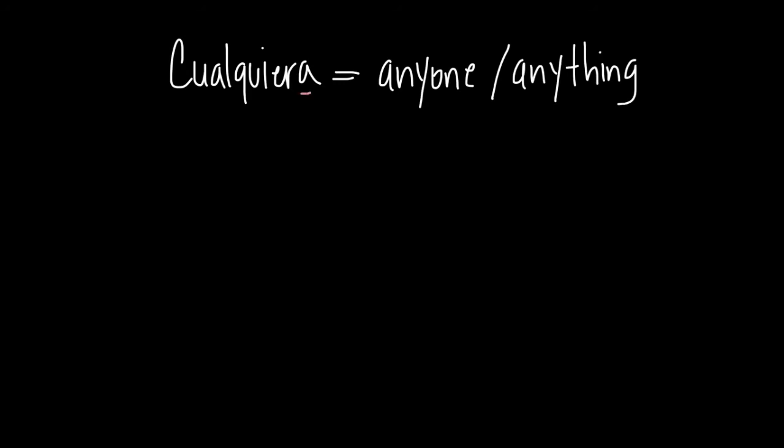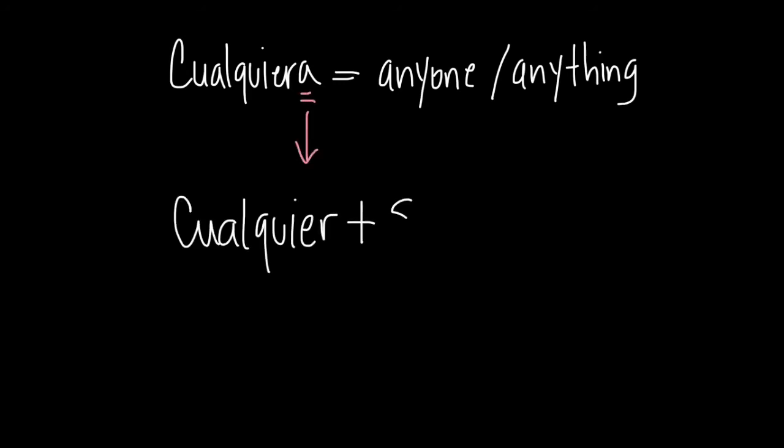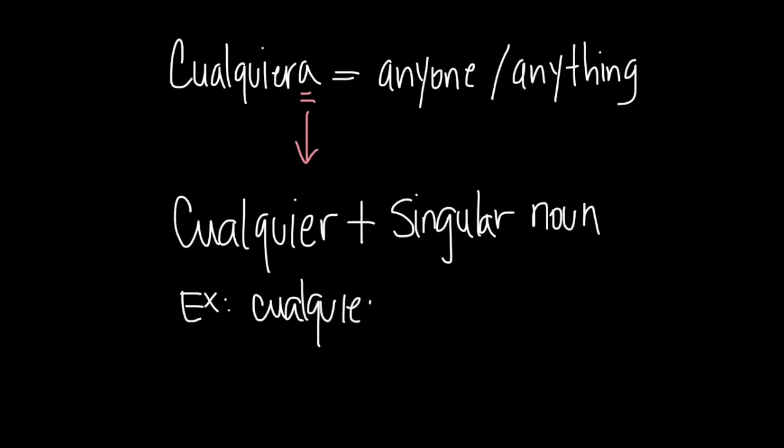Now let's take a look at the adjective cualquiera. Cualquiera means anyone or anything in Spanish. So notice that when cualquiera is placed before a singular noun, the a gets eliminated. For example, cualquier cosa means anything.